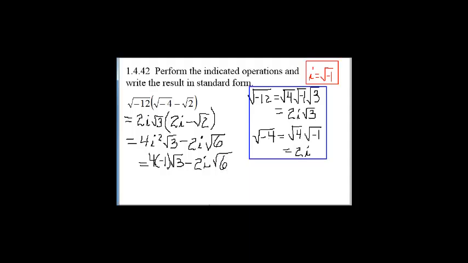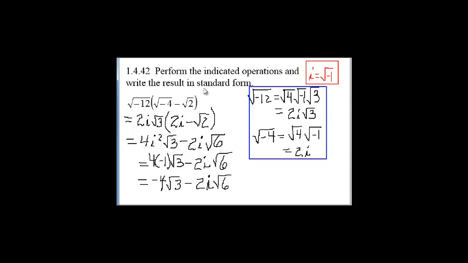So if we want to put this in standard form, we simply need to multiply 4 times negative 1 times the square root of 3 to get negative 4 times the square root of 3 minus 2i times the square root of 6.